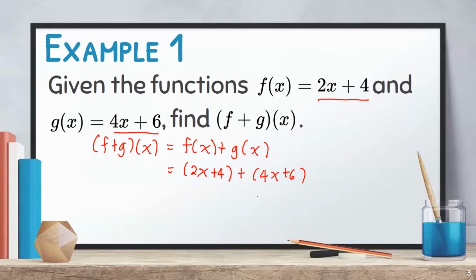As for this equation, the similar terms are 2x and 4x, and 4 and 6. Combining them, we will have 2x plus 4x equals 6x and 4 plus 6 is equal to positive 10. Therefore, f plus g of x is equal to 6x plus 10.